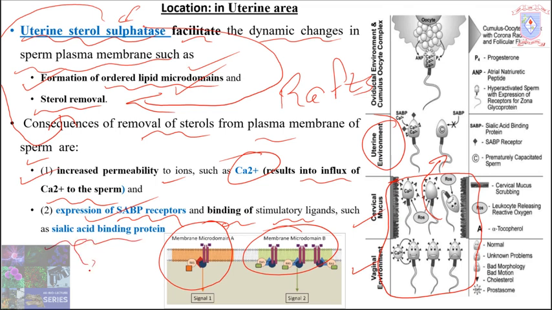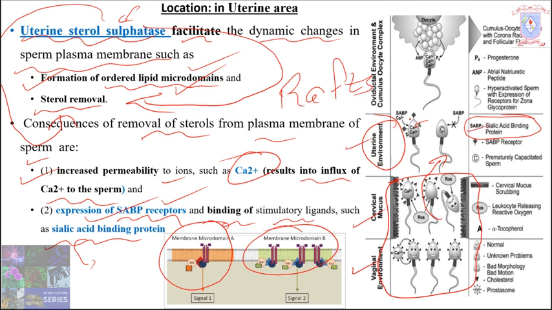This SABP is present on the female reproductive tract. Once the uterine sulfatase acts on the sperm plasma membrane, removes the sterols and restructures the lipid microdomains, the sperm cell expresses SABP receptors on its plasma membrane, and these receptors bind to the sialic acid binding proteins present on the uterine female reproductive tract.